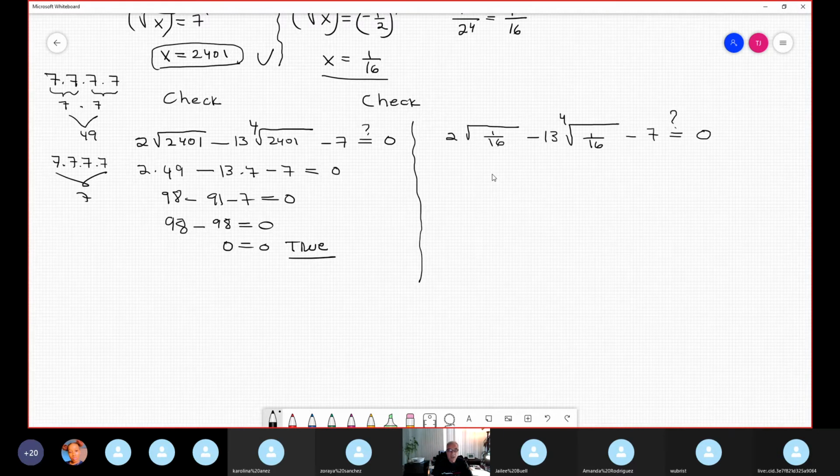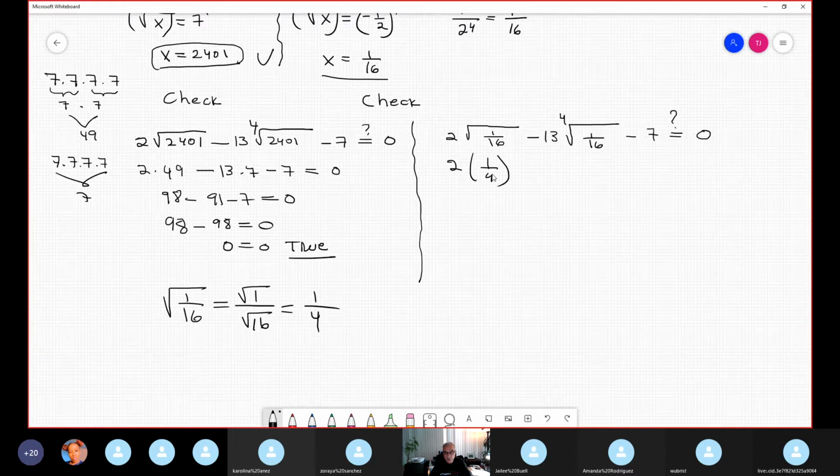I claim that I don't know if this statement is true like that or false. No idea. But it's easy. Look at that. The square root of 1 over 16 is the square root of 1 over the square root of 16. And the square root of 1 is 1, and the square root of 16 is 4. Actually, we have 2 times 1 over 4. After, we can simplify. But not now.